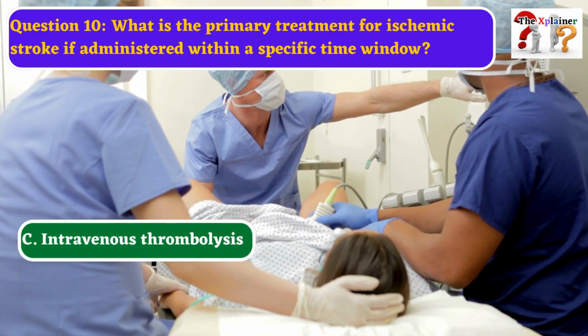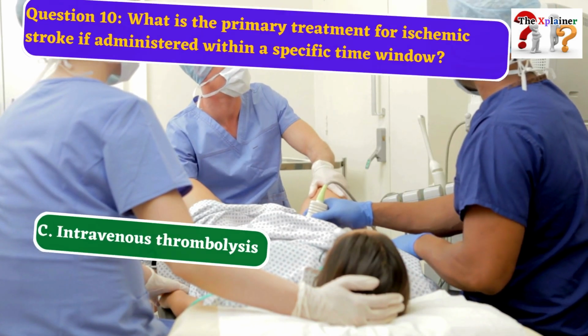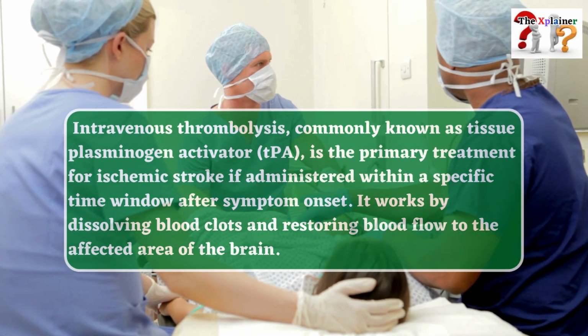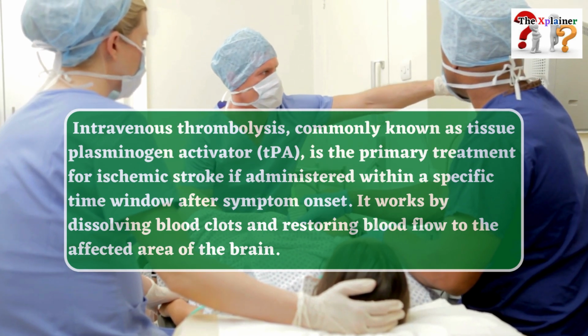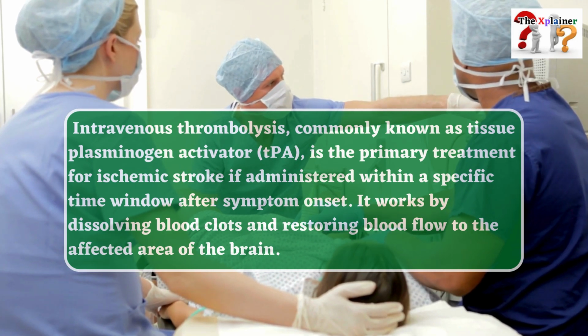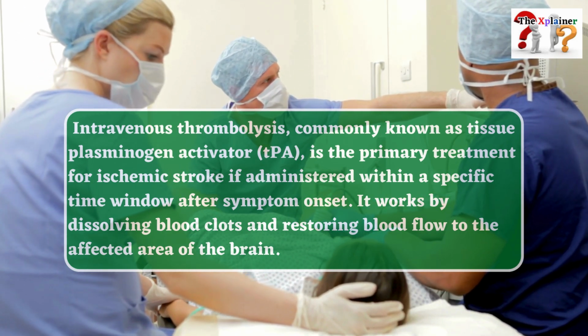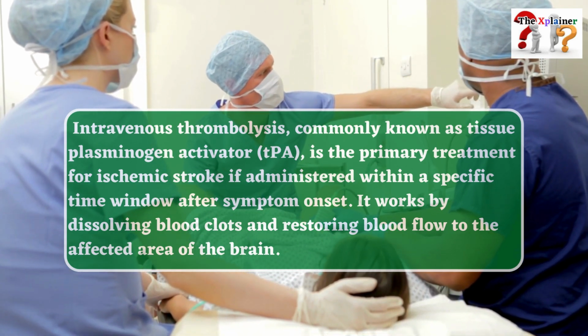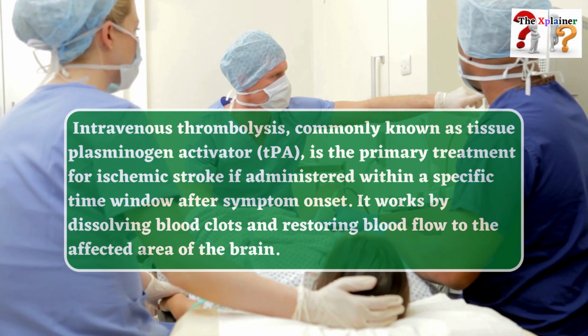The answer is C. Intravenous thrombolysis. Intravenous thrombolysis, commonly known as tissue plasminogen activator, TPA, is the primary treatment for ischemic stroke if administered within a specific time window after symptom onset. It works by dissolving blood clots and restoring blood flow to the affected area of the brain.